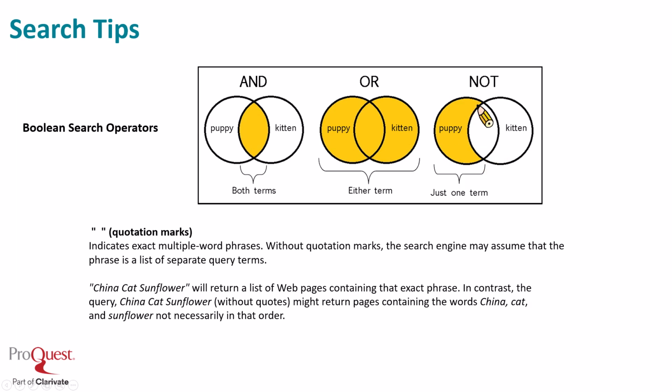So you will only get the left-hand side. Looking at this diagram, it's very easy to understand what these so-called Boolean search operators do. So you can use and, or, not depending on what result you want to get. You use and, or, not to combine your search key terms.